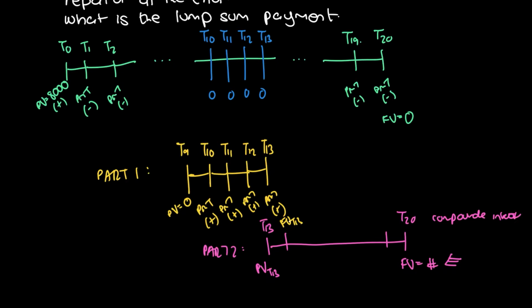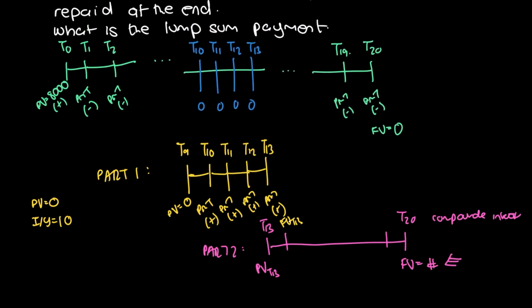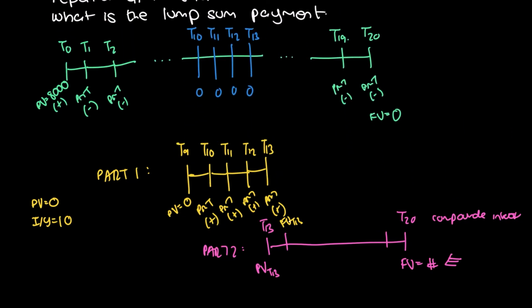So the information for part 1 is we have a present value equal to 0. We have IY is equal to 10. Where is this coming from? Let's just zoom up. See there, 10% per annum compounded monthly. That's what we're referring to. And let's just move those words back and put everything back into place.